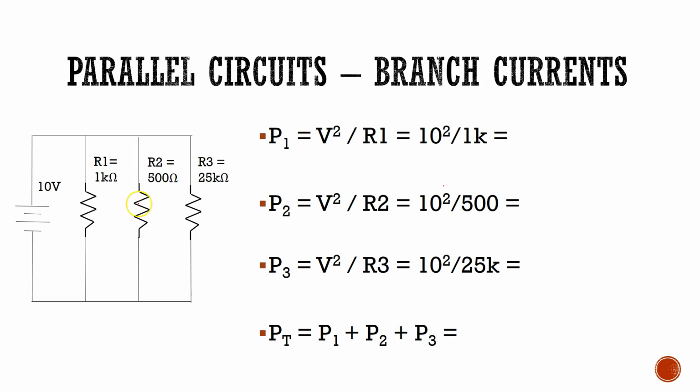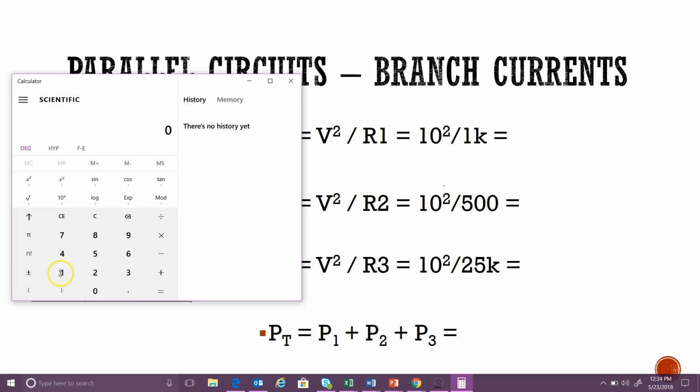And it's easier here, we know the voltage in this case, so we use V squared over R. So 10 squared over 1K. Okay, so 10 squared is 100, but I can plug it in. 10 squared divided by the 1K gives me 100 milliwatts.